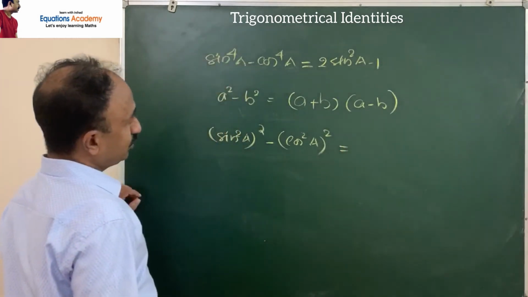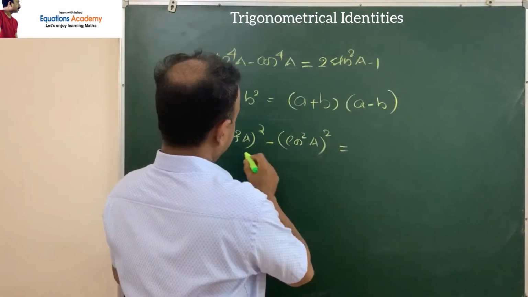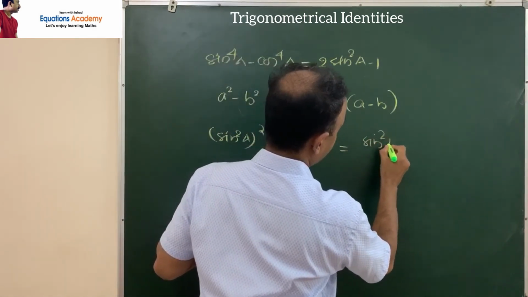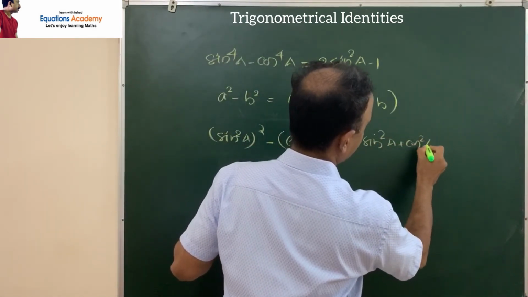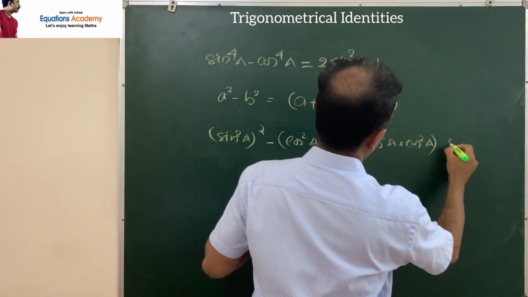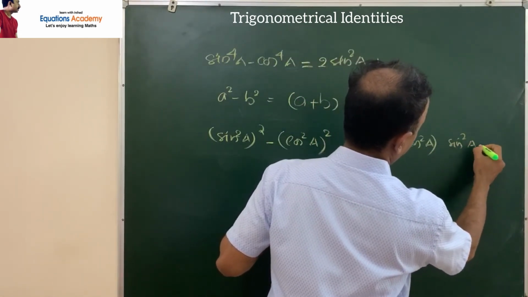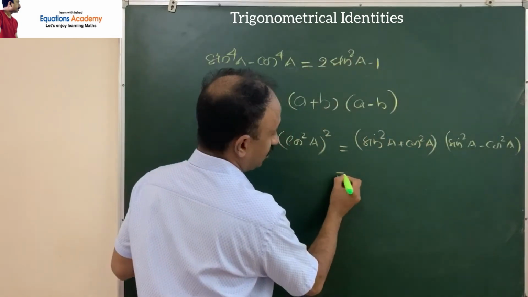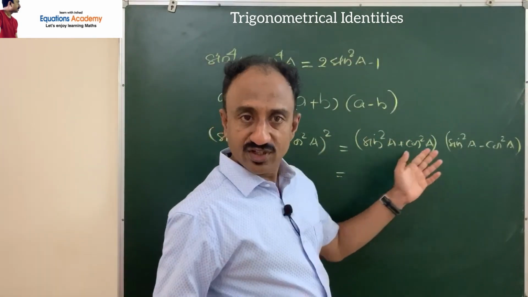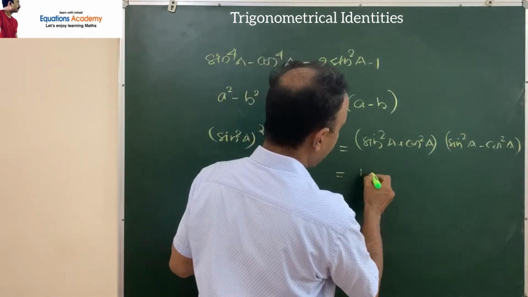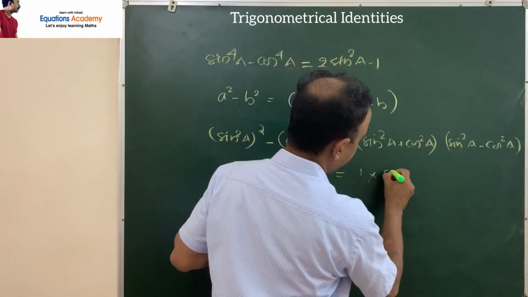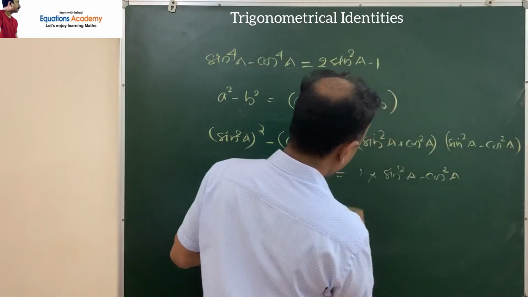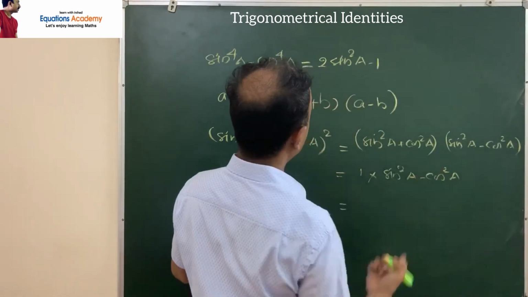This is equal to A plus B into A minus B. So sin square A plus cos square A into sin square A minus cos square A. We know sin square plus cos square is equal to 1. So 1 into sin square A minus cos square A. This is equal to sin square A minus cos square A.